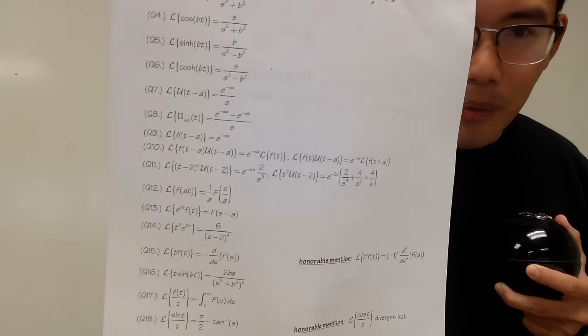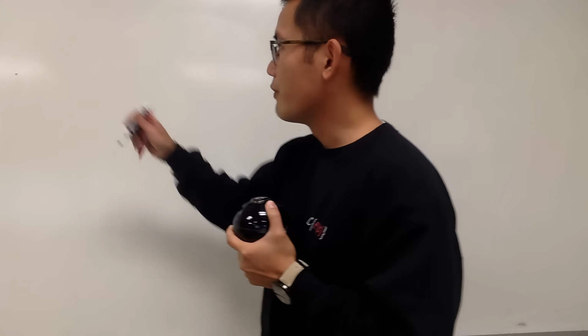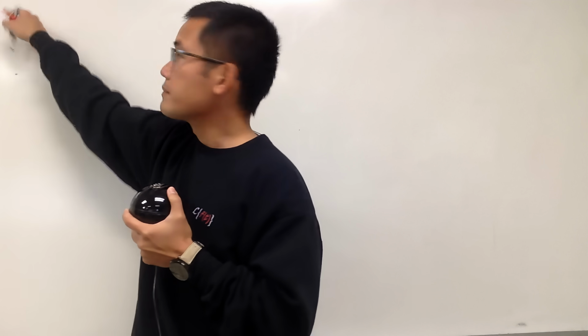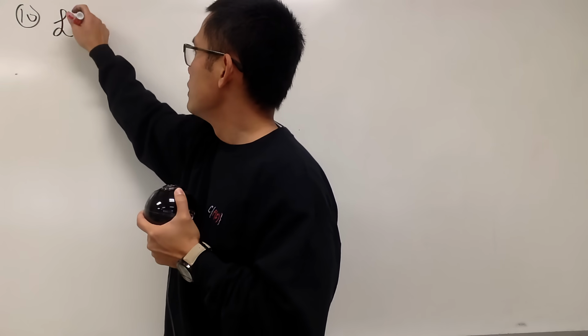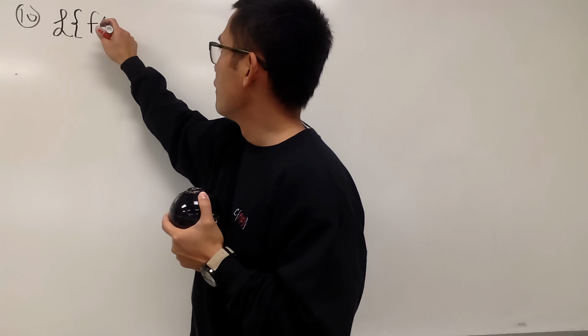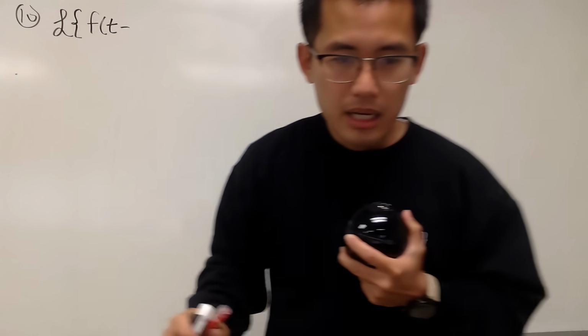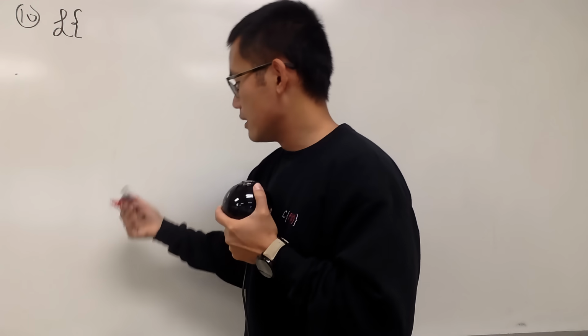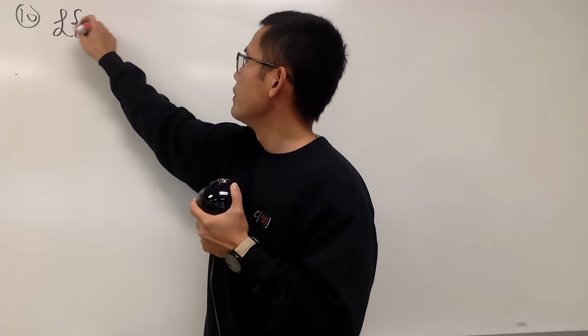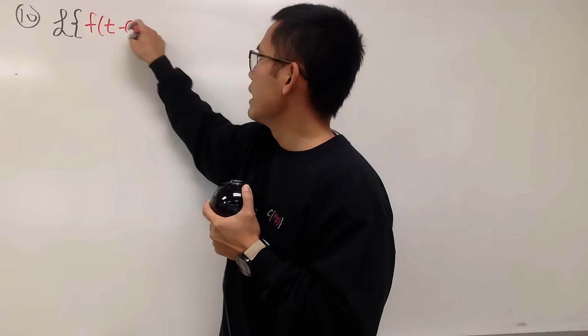Okay, that's number 9. Now this is somewhat crazier, so we'll be doing number 10, and this time I will be doing 2 of them for number 10. So here is number 10. Laplace transform of f of t minus a.